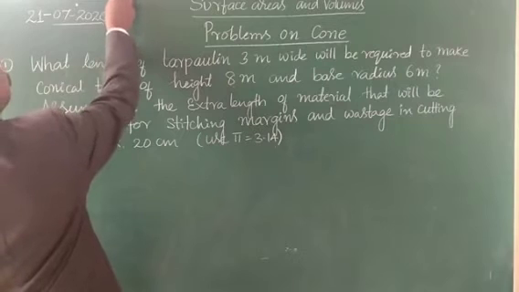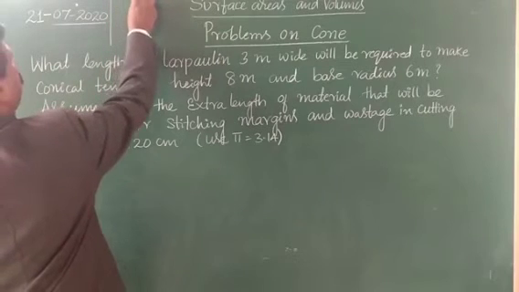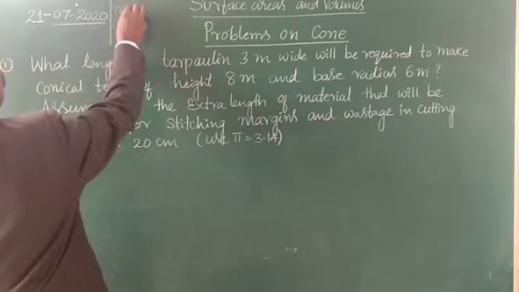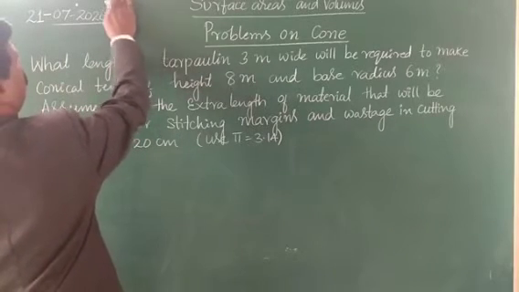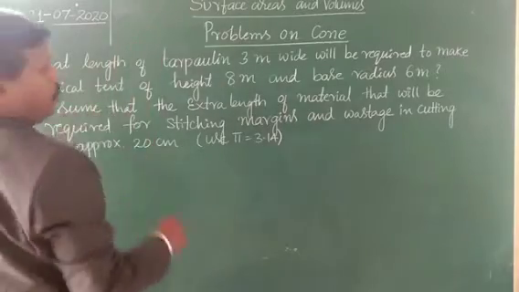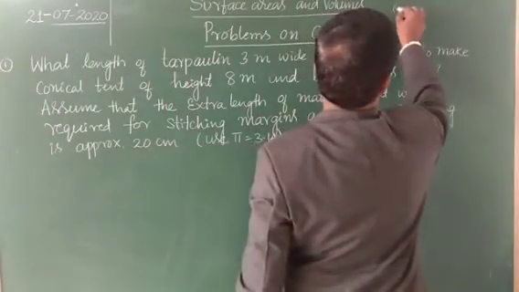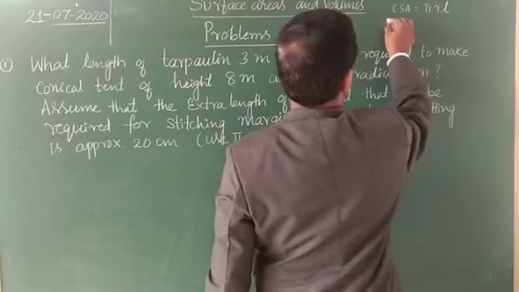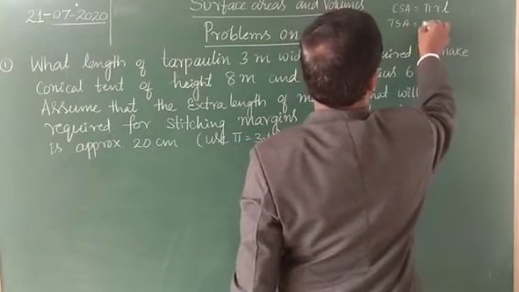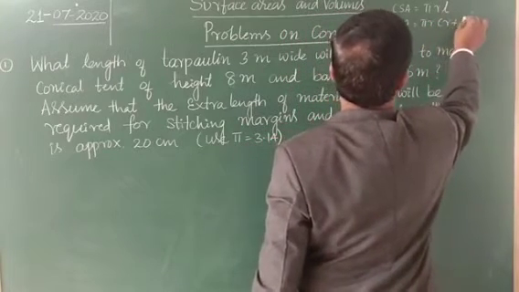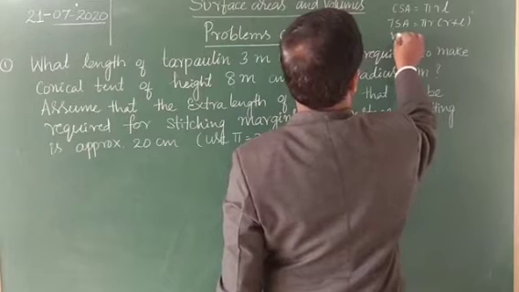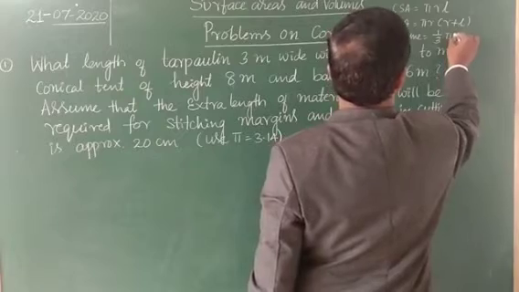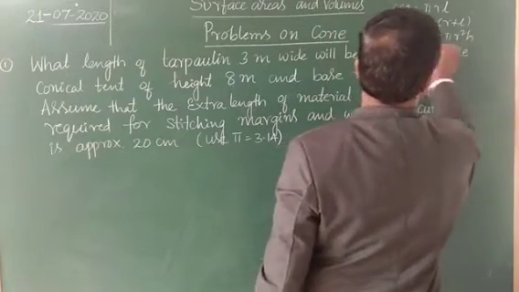CSA is pi r L, and TSA is equal to pi r into (r plus L), and volume is equal to 1 by 3 pi r square h.